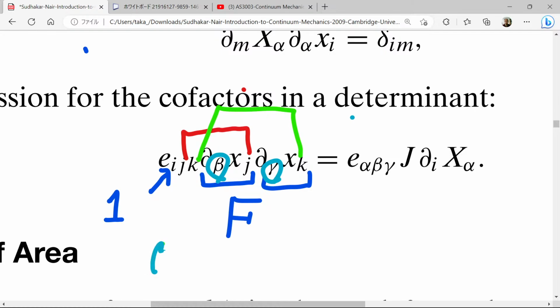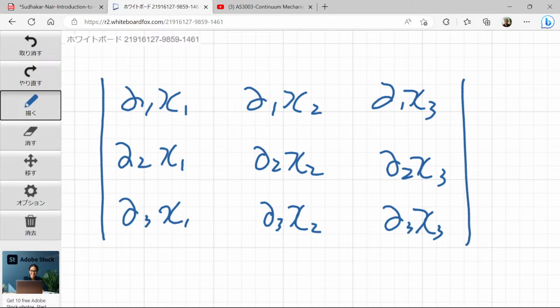So what about beta equal 1, gamma equal 2? Okay, so then that means this one. Let me do this.